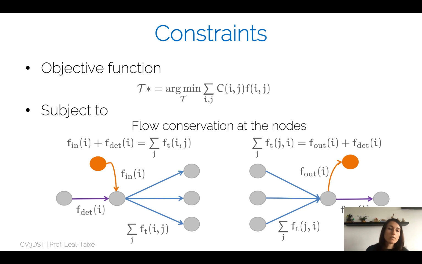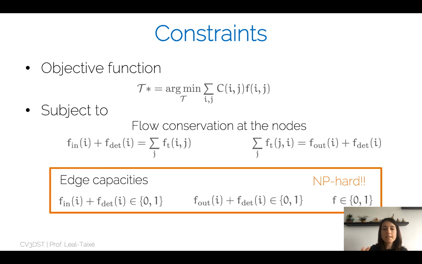This also means, of course, that any flow that comes in here, which is going to be either 0 or 1, then has to go out through one of these connections. So these connections cannot all be active, right? I cannot connect this node to 3 nodes in the future. This would mean that the pedestrian suddenly divides into 3 people. I want to have only one of these nodes active. And this can be expressed with these constraints.